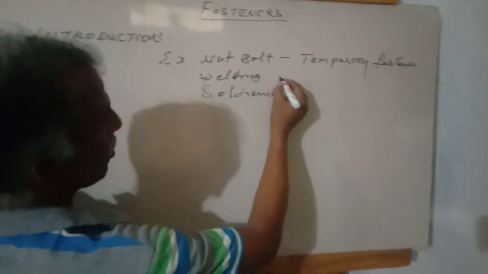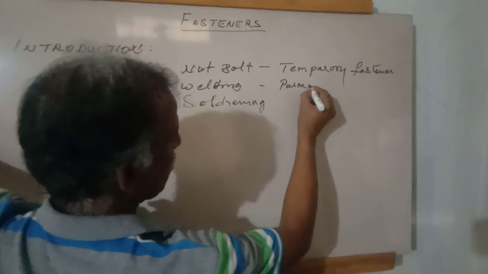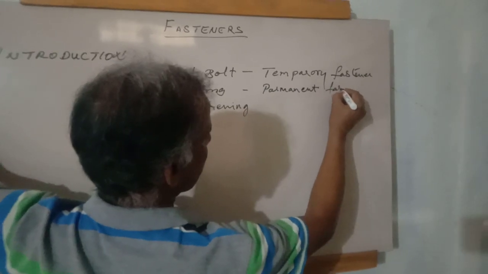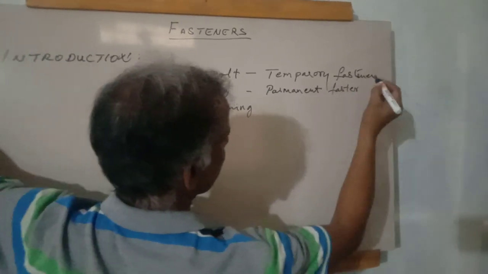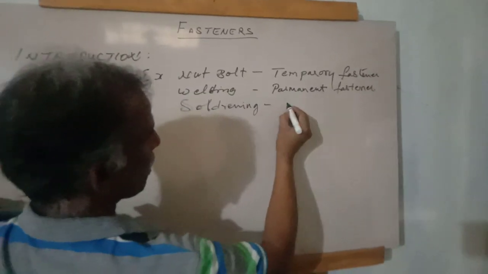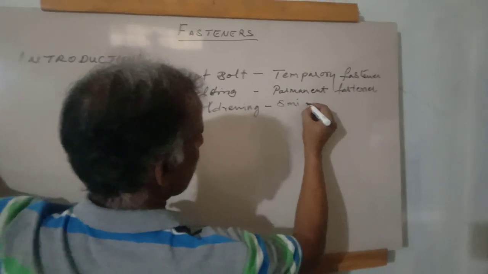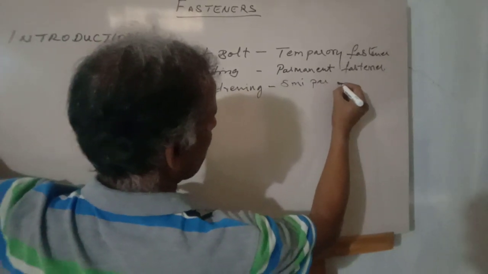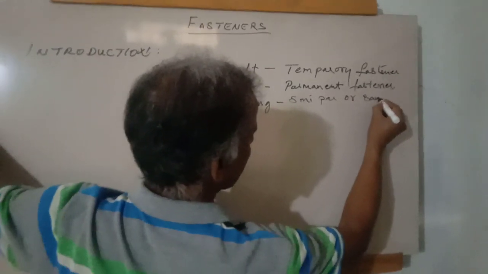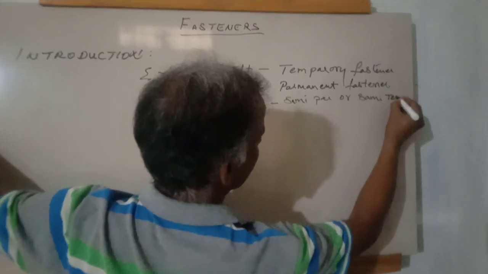And welding is called a permanent fastener. Soldering is called semi-permanent or semi-temporary.